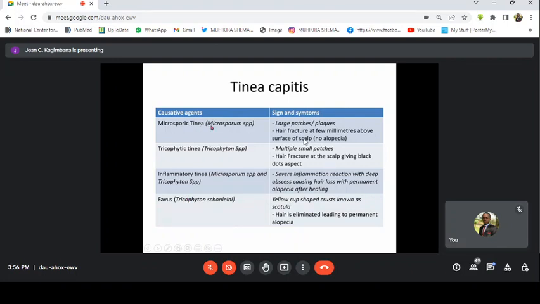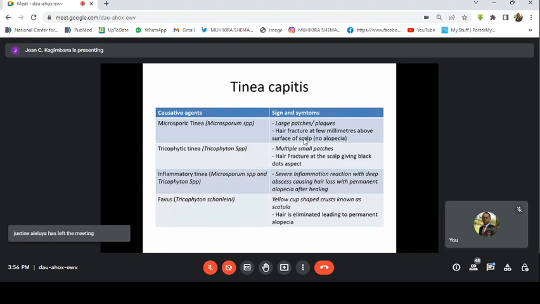This one is caused by microsporum species. The one with the trichophyton species. This is just for your knowledge. Because to identify a microsporum canis, you have to go to the lab, culture, and then identify.